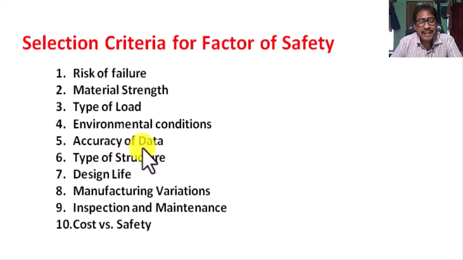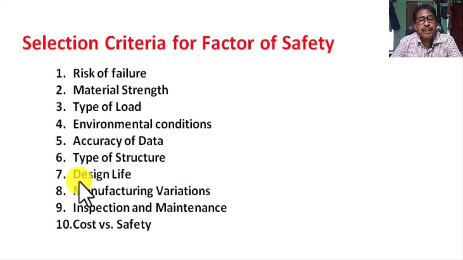If design data and calculation are less clear and accurate, then a higher factor of safety is needed. Number 6, type of structure. Critical or life dependent structures like medical devices demand higher factor of safety.